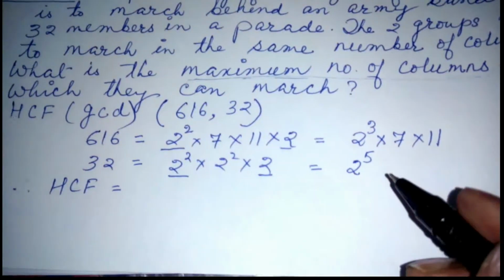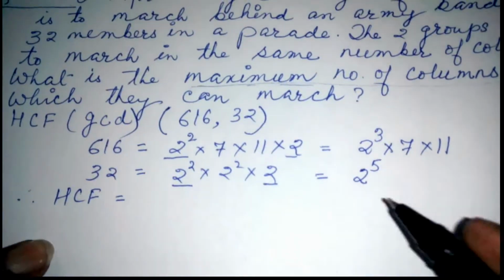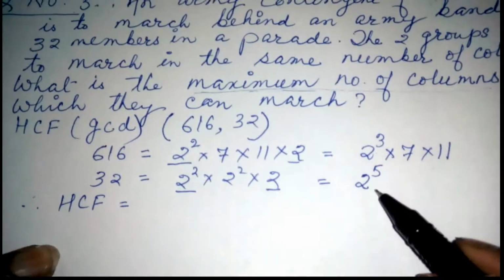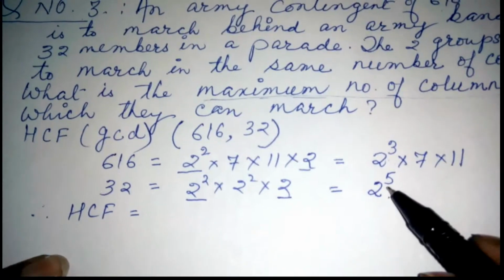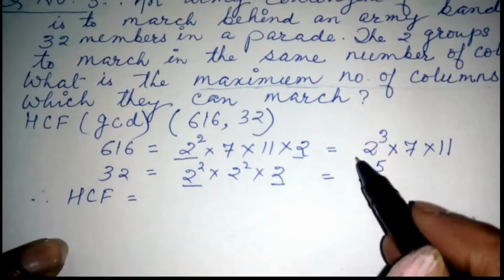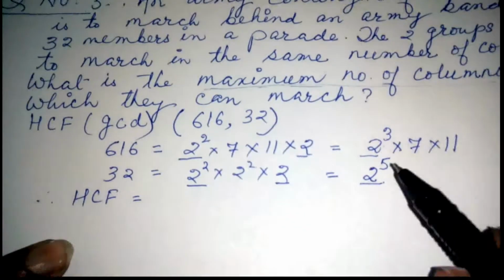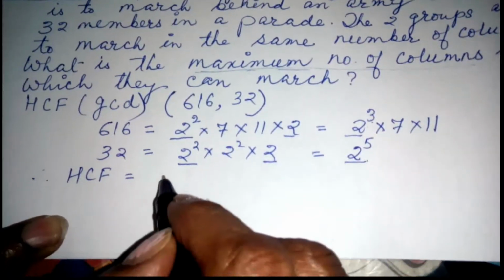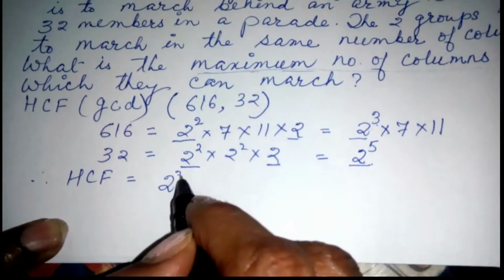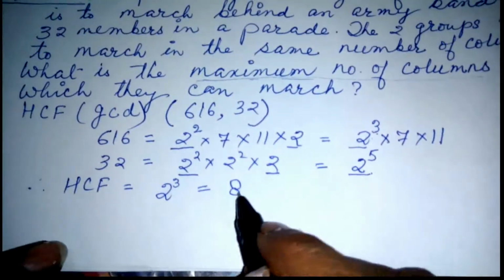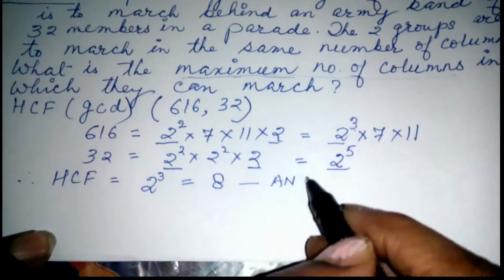For finding the common factor, HCF, we pick up only the common factors but with the least exponent. Here the common factor is only 2 and the least exponent is 3. So that is to be picked. That will be 2 cube, and 2 cube is 8. So this is your answer.